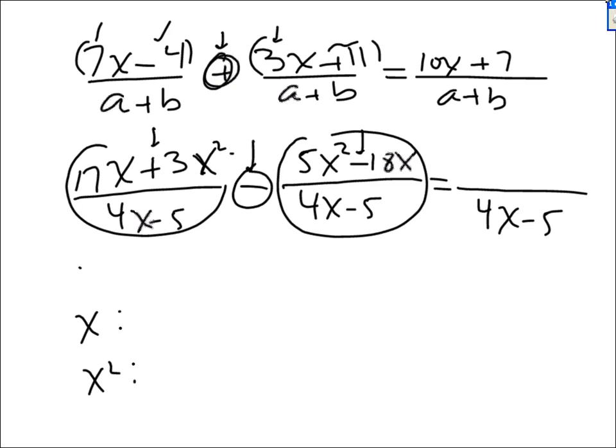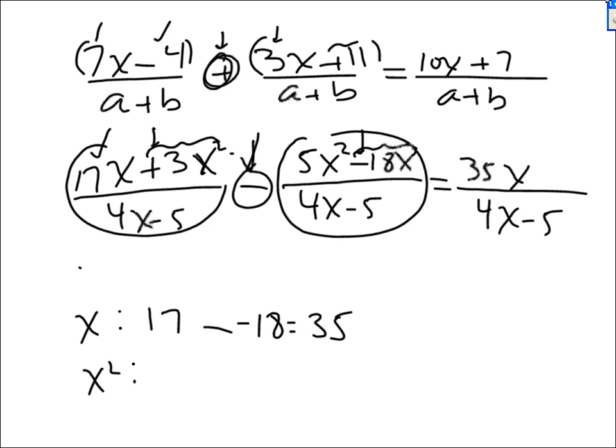When it comes to x's, I have 17 here, and I am taking away negative 18, which becomes 35. So part of my answer will have 35 x's. X squared now. Well, I have 3x squared, and I am taking away 5x squared. Well, 3 minus 5 is negative 2.